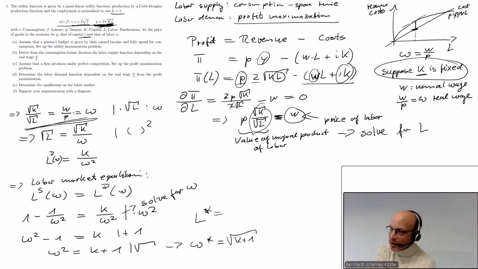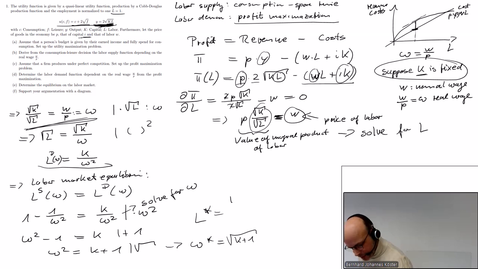We have two variables. So just insert this into the labor supply or labor demand function. So let's insert this inside here. So I obtain K over square root of K plus 1 squared, which is K over K plus 1.